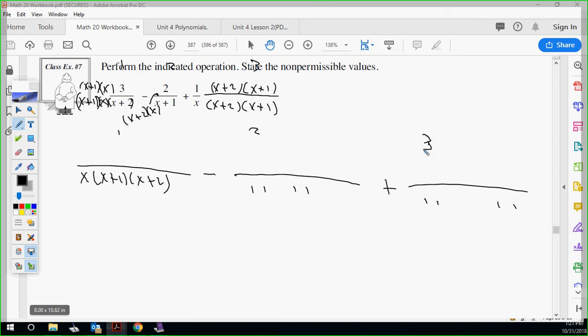The top for the first section is going to be 3 times x, which is 3x, times x plus 1. So it's 3x times x for 3x squared, 3x times 1 for 3x. So the first section is 3x squared plus 3x.